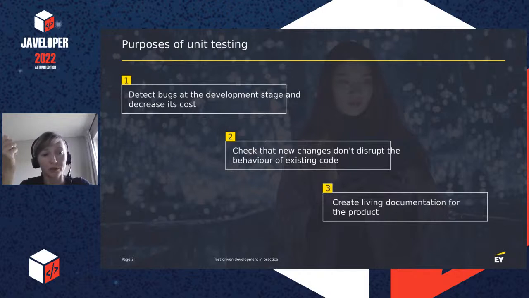The second purpose of unit testing is to check that new changes don't disrupt the behavior of existing code. And the third purpose is to create living documentation for the product. When there are unit tests for the product, a developer can check the tests and understand the main logic of the unit.